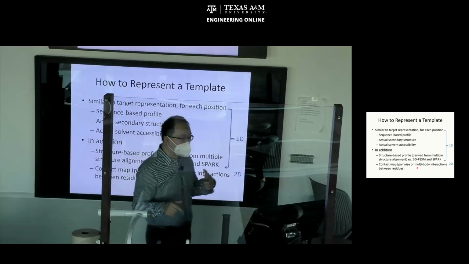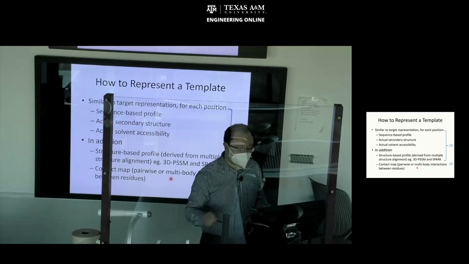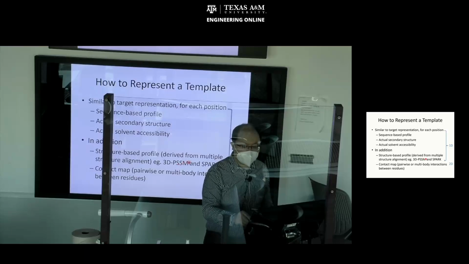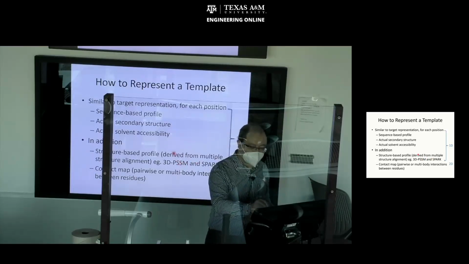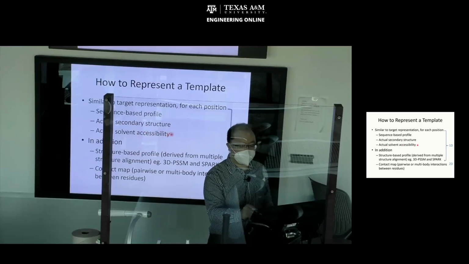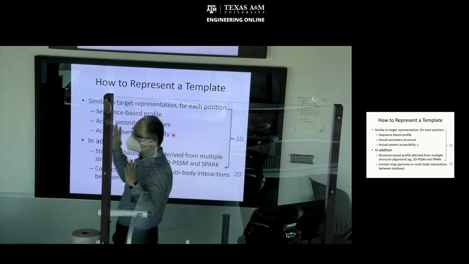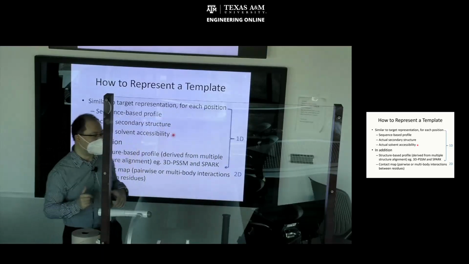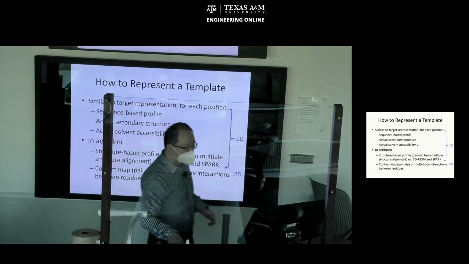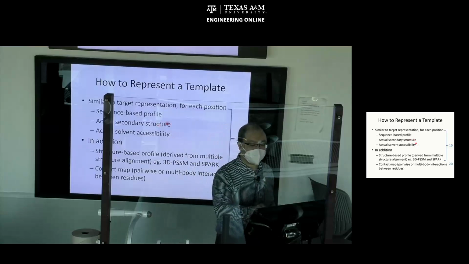But there's also more information in the template, because the template has a structure. What we have had so far from the actual secondary structure and solvent accessibility is, if you think about the protein structure as a point cloud, a marginalized distribution for every position.